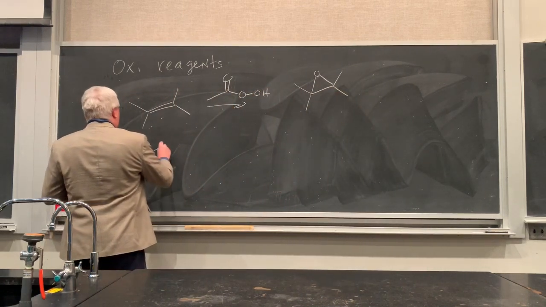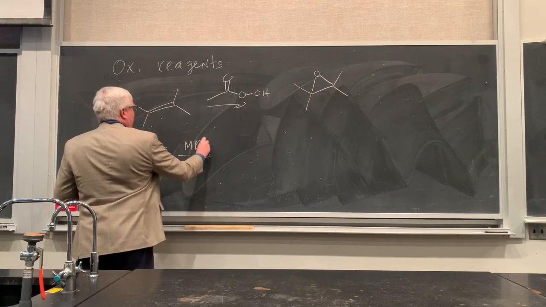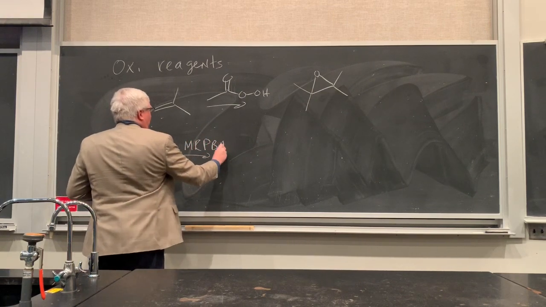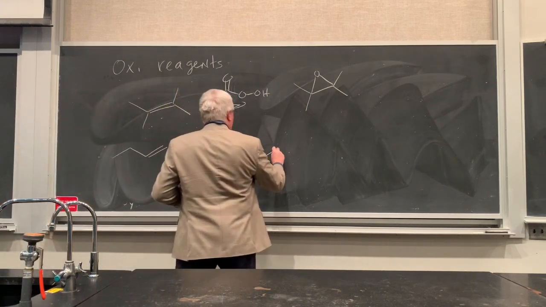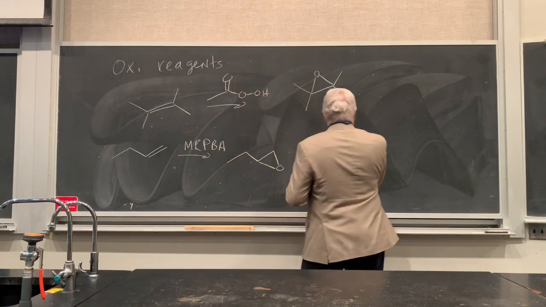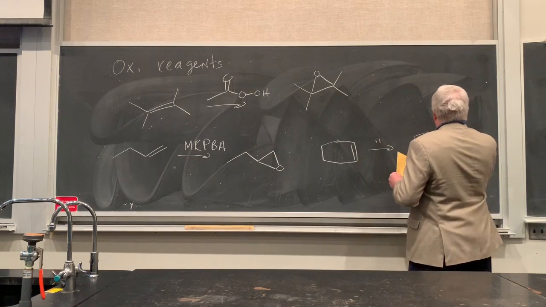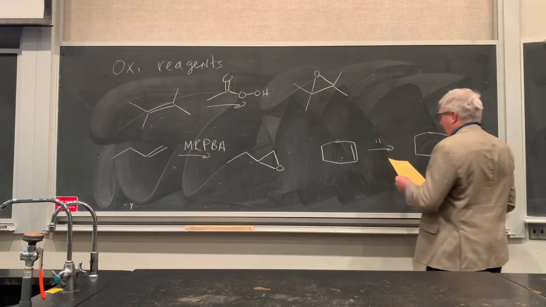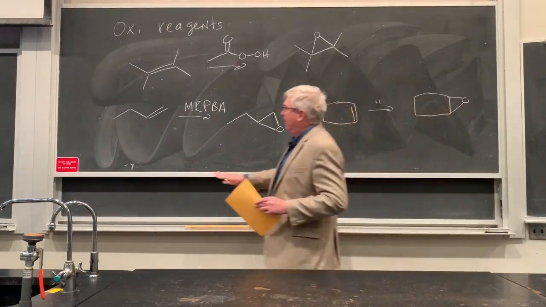Let's look at some specific examples here. MCPBA here with 1-butene, and that will go to the epoxide. And then we've got cyclic alkenes, same conditions here. We'll also go to the epoxide here. And a couple other things to look at here.